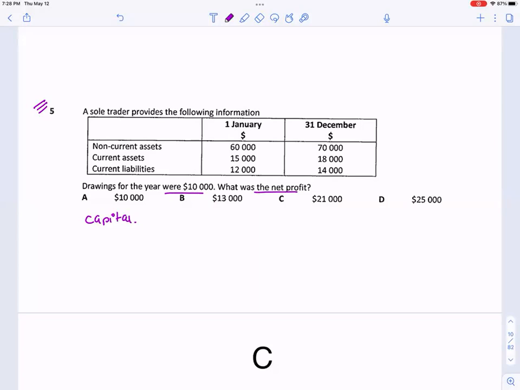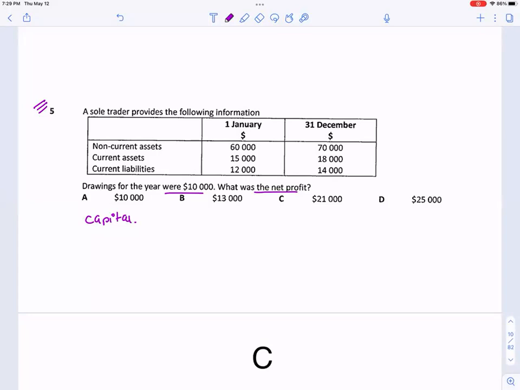But have they given us capital or not? They've not given us the capital.